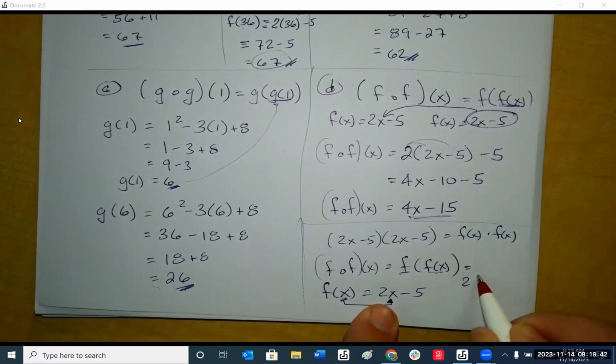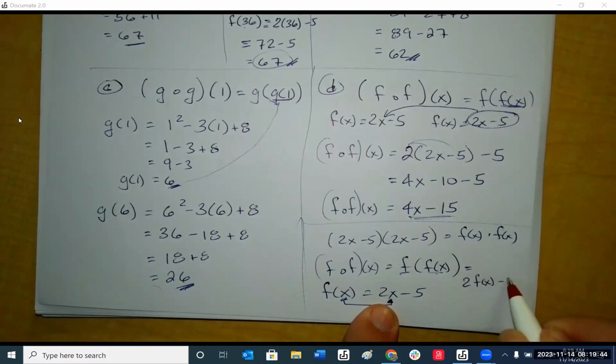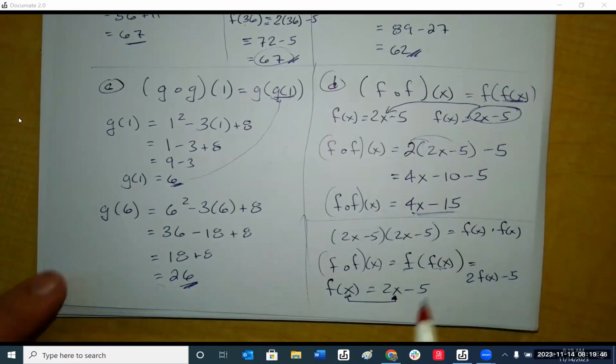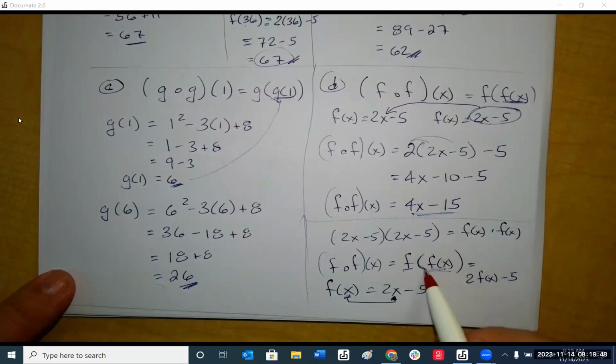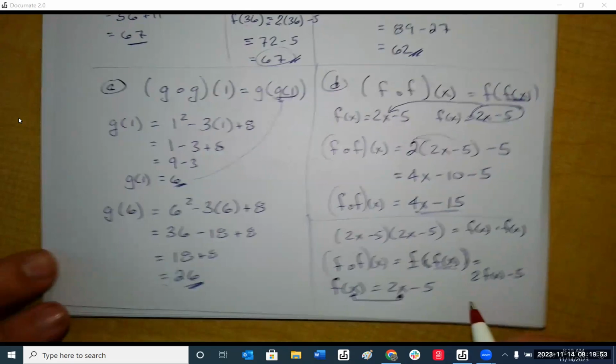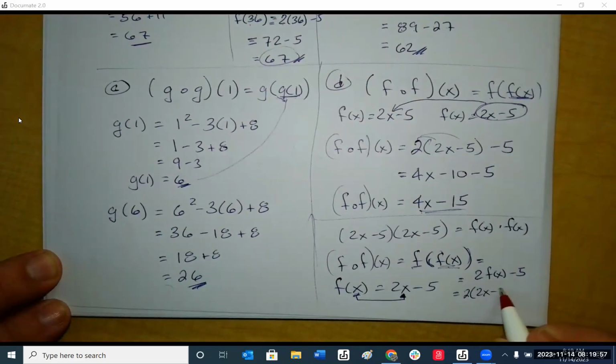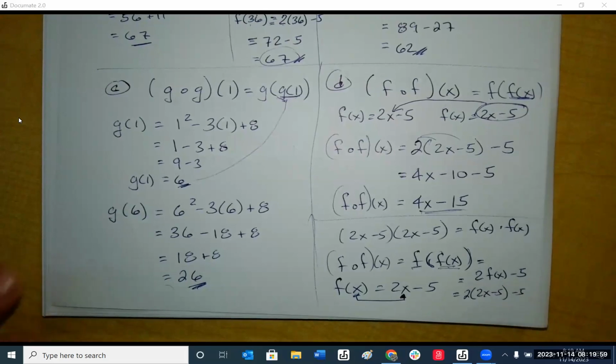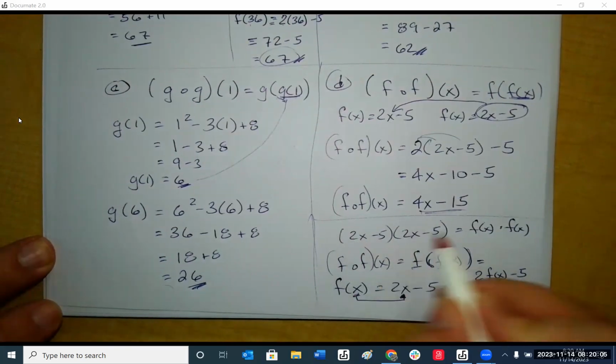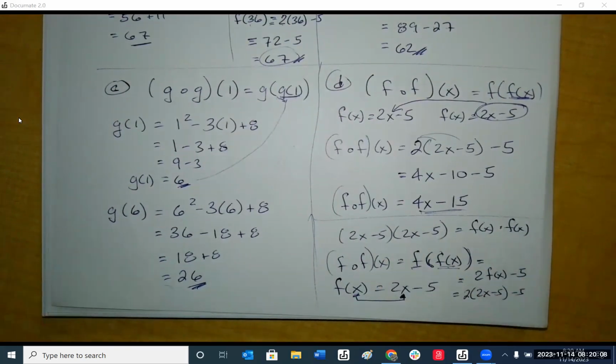So it's 2 f of x minus 5, because that's what's inside the parentheses. Whatever's inside the parentheses goes in place of the variable. So this is 2 times 2x minus 5, minus 5. And that's how we got it. 2x minus 5 squared would be if there were just two separate functions multiplied to each other. But this is one function inside another function.